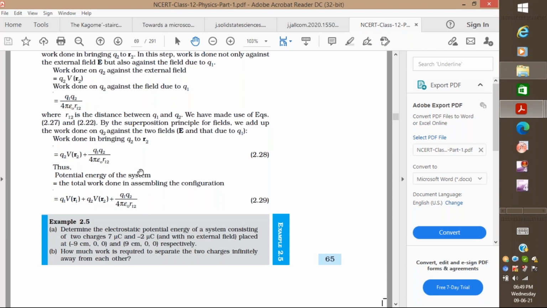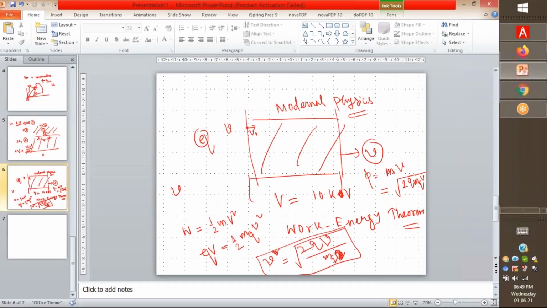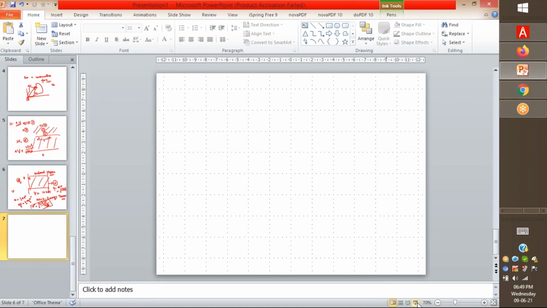I had already told you, I'll briefly repeat this and then move on. Suppose I have an average potential V in this region. Now you have two charges Q1 and Q2. So what will be the potential energy for this system?